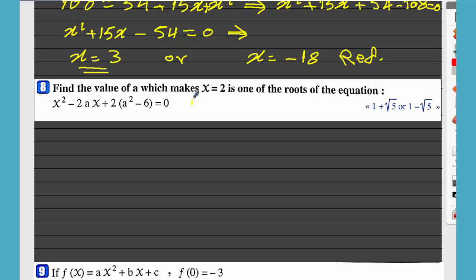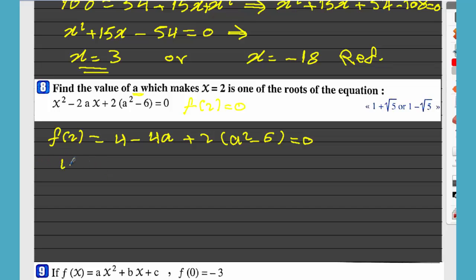We will get f of 2 equals 0. And f of 2 equals 2 squared, which equals 4, minus 2 multiply 2, 4a, so we will get negative 4a, plus 2 multiply a squared minus 6 equals 0. And we will solve this equation to find the value of a.